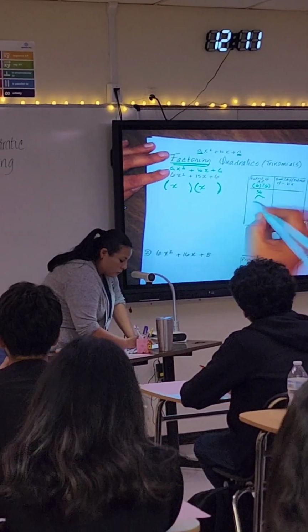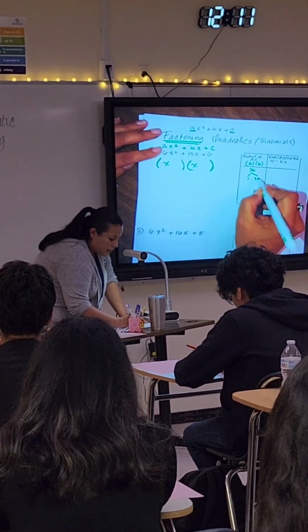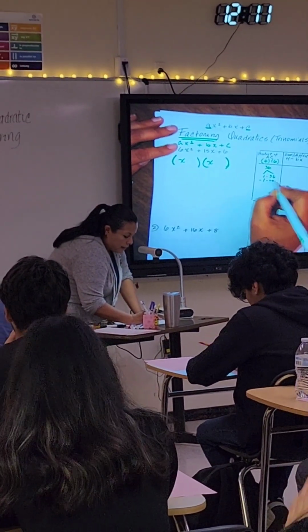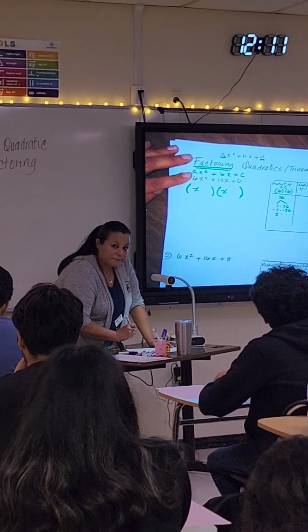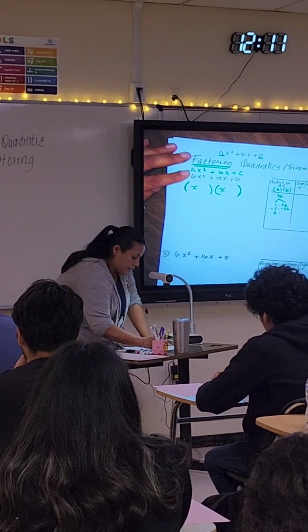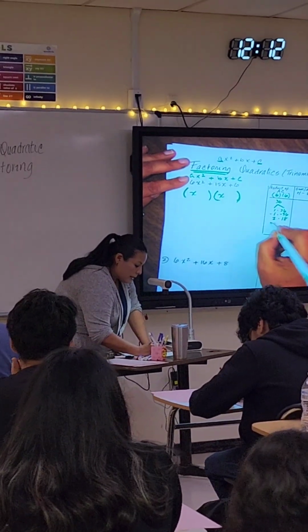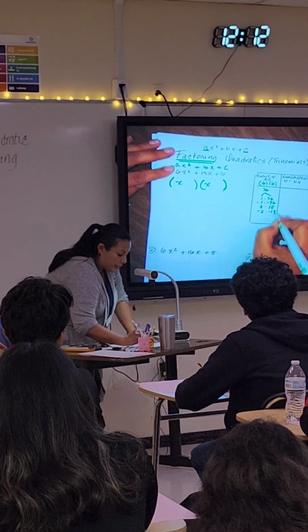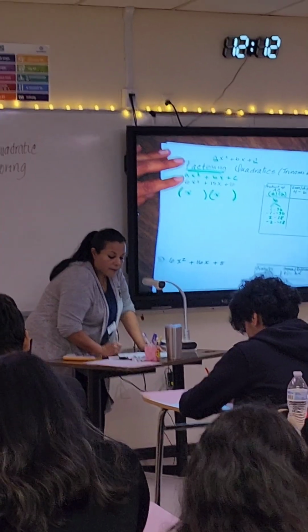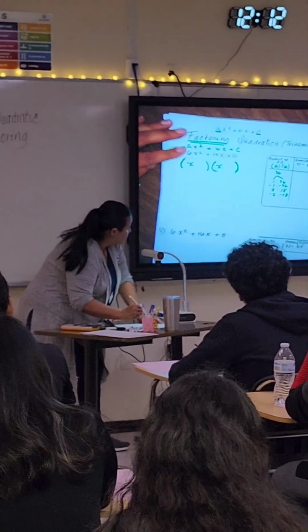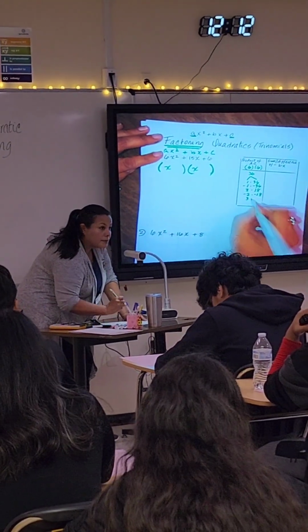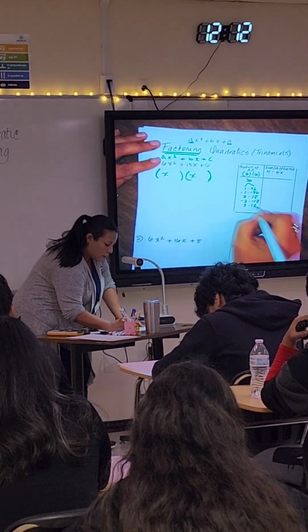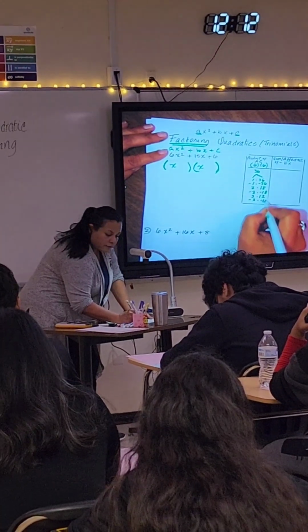So it could be 1 times 36 or a negative 1 times a negative 36. 2 times what? 18, thank you. Or negative 2 times negative 18. Then we have, what should I try next? 3. 3 times 12, or negative 3 times negative 12.